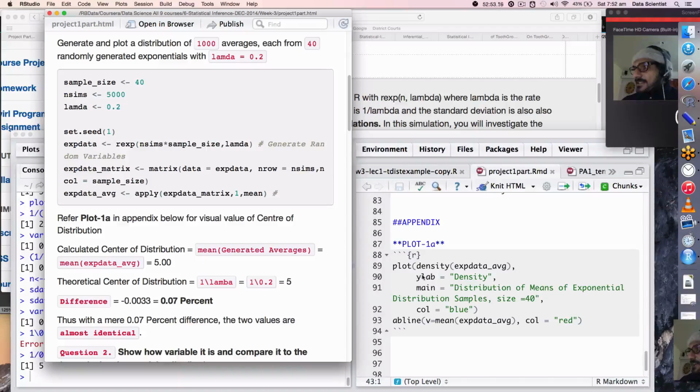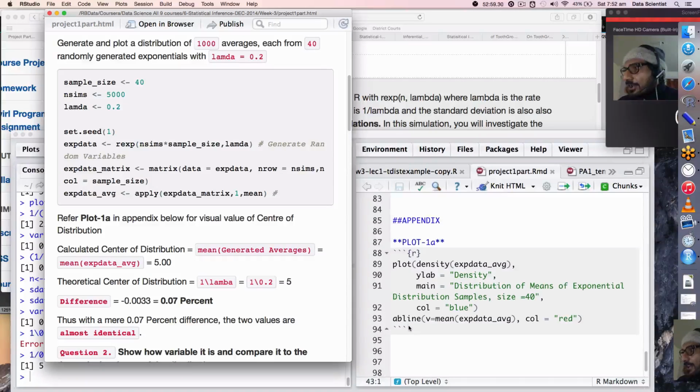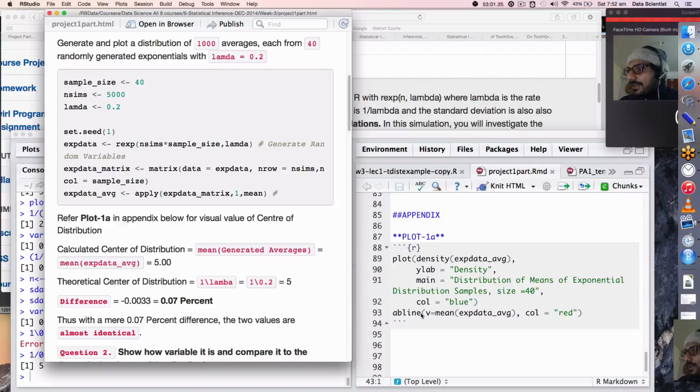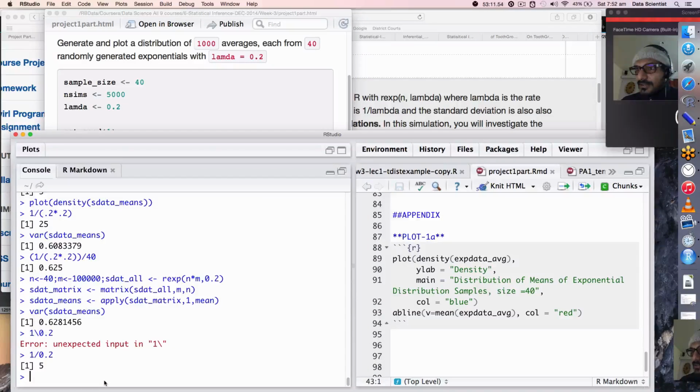What I'm doing is I plot the exponential data, and then I draw a vertical line at the mean of the data. So let's do that in our case using R. Here, or were we doing it here? Yeah, we were doing it here only. So our data is what? As data means.